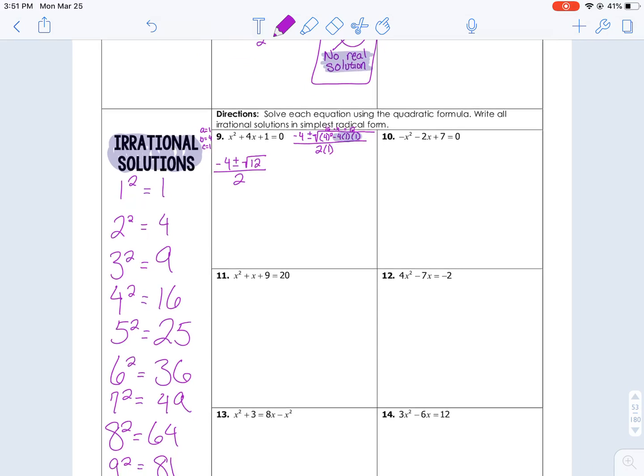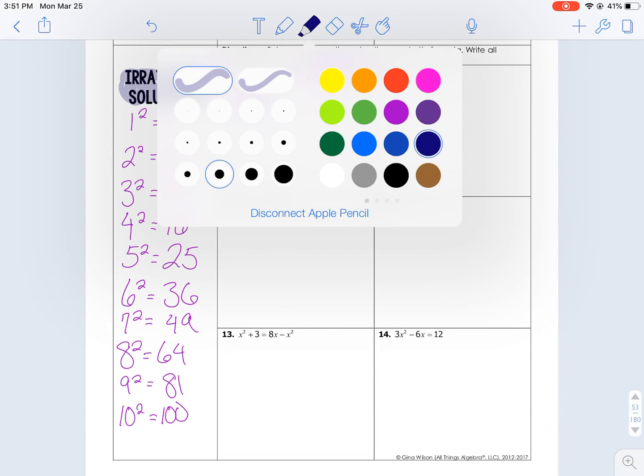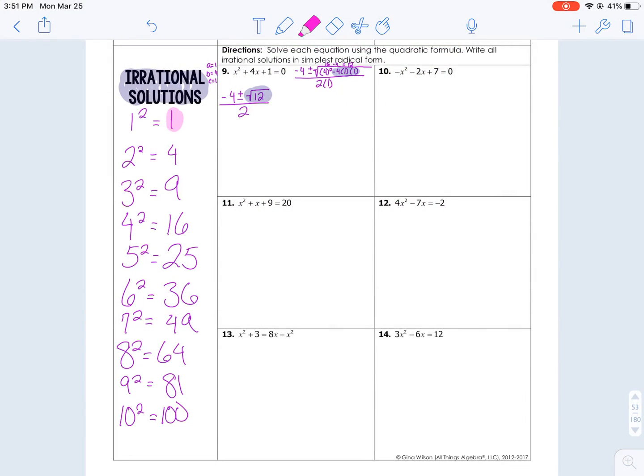Over on the side, I gave myself a little cheat sheet of all of my perfect squares. So for some of you, or for most of you, you're probably going to want to pause the video and write that little cheat sheet down that is over here. I want to know, of these solutions, which of these numbers can I multiply by something to get 12?